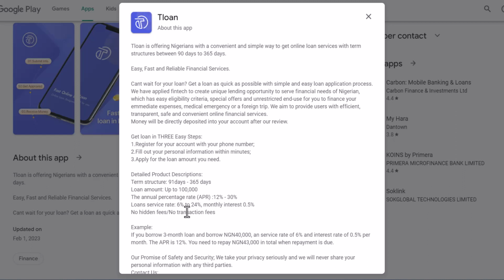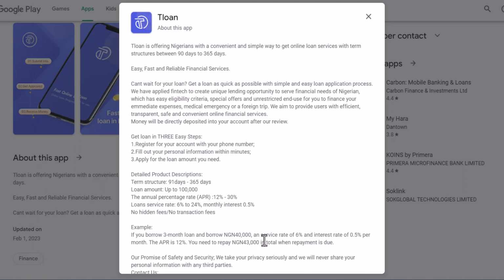No hidden fees and no transaction fees. So if you try to borrow 40,000 naira within 3 months, which is about 91 days, with a service rate of 6% and an interest rate of 0.5% per month, the APR will fall around 12%.